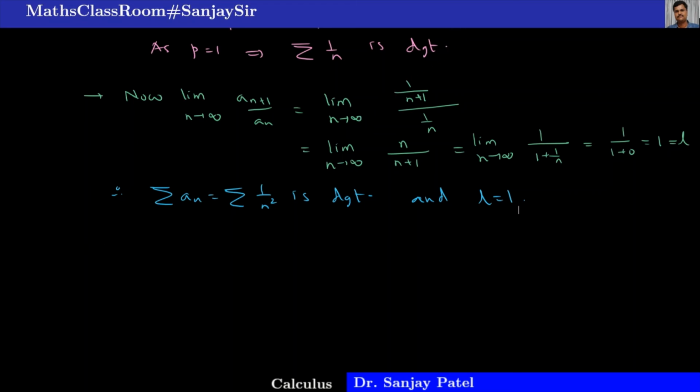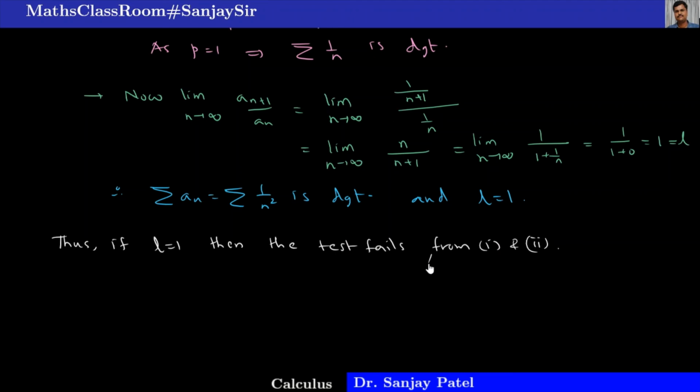So the conclusion is thus, if L is equal to 1, then the test fails. Then the test fails, from examples 1 and 2. So from 1 and 2, we can say this.